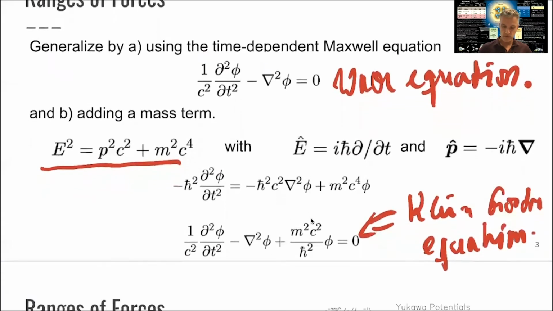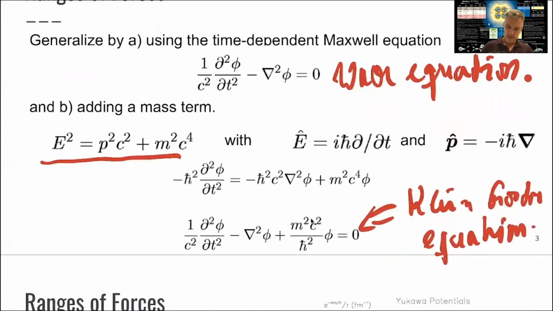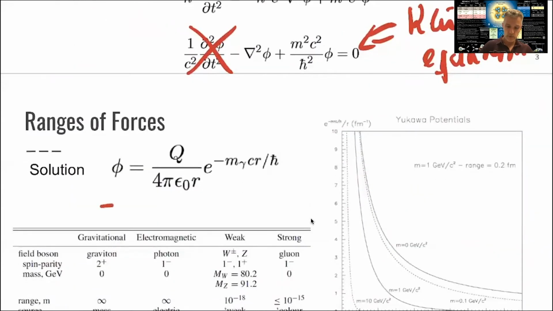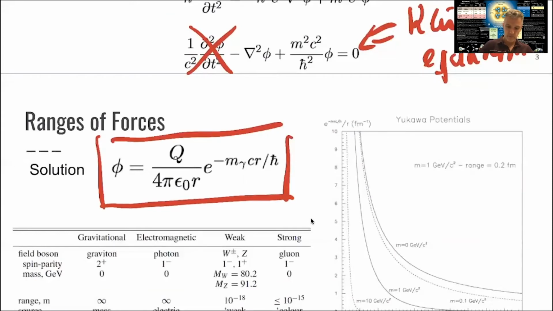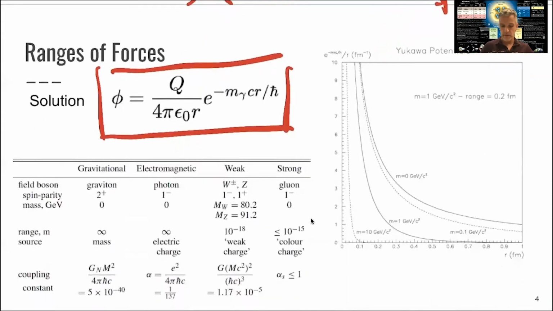If you start from, again, a time-independent equation, you find solutions which look like this. And you see, very similar to before, the charge over some constant as a function of radius, but you also see this exponential term. This form of potential is called the Yukawa potential.